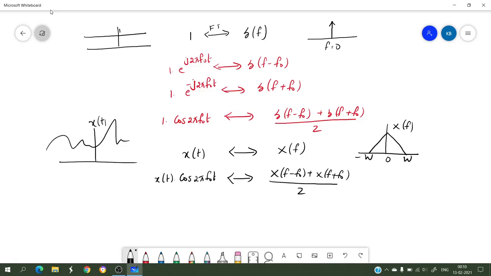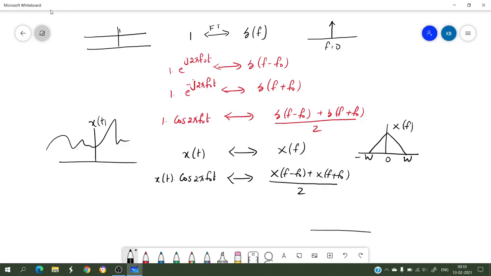When the time domain signal x of t is multiplied with cos 2 pi f naught t, what is happening in the frequency domain? First, the spectrum X of f is divided into two parts, and one part is shifted to the right by an amount of f naught, and the other part is shifted to the left by an amount of minus f naught.